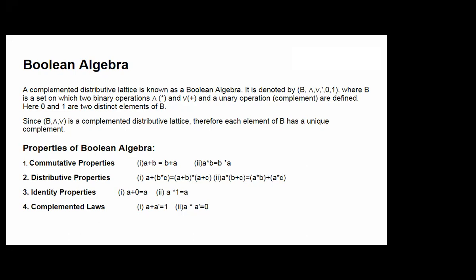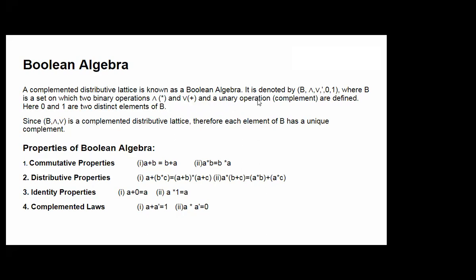Intersection is there, AND operation is there, join operation is there, that will be denoted by star. And if union is there, then OR operation is there, meet operation is there, it will be denoted by plus. Okay. Operation is same, but the nomenclature is different.